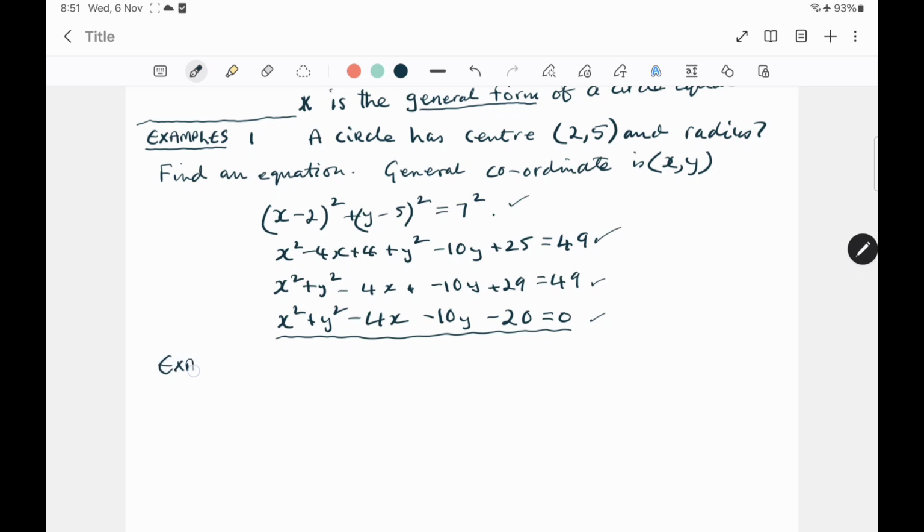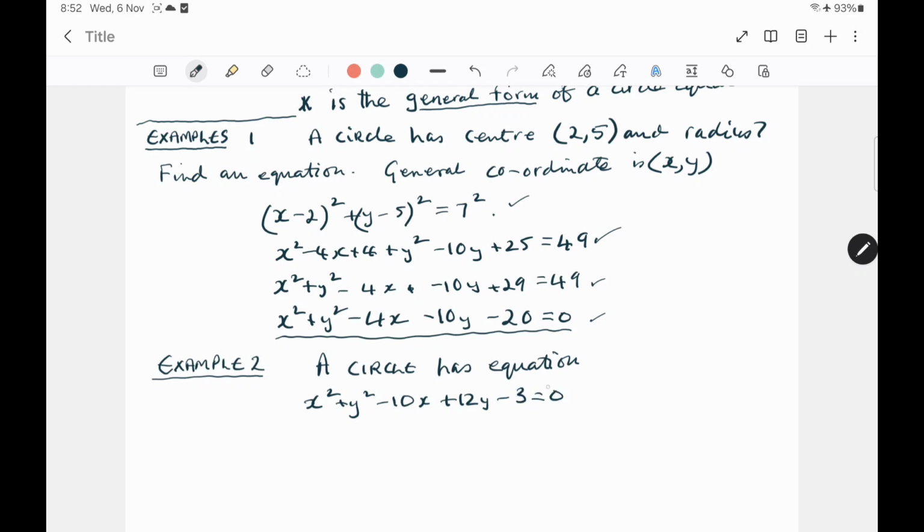And now move on to the second example, which is a sort of converse of that. And this time you'll be given the general equation. So a circle has equation x squared plus y squared minus 10x plus 12y minus 3 equals 0.